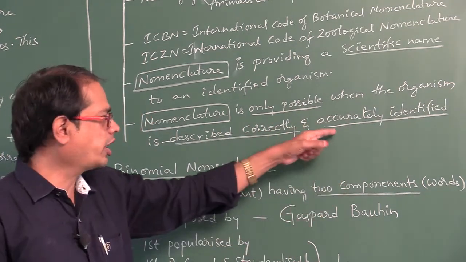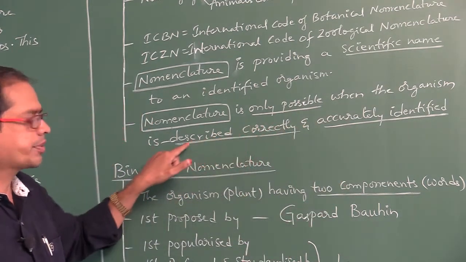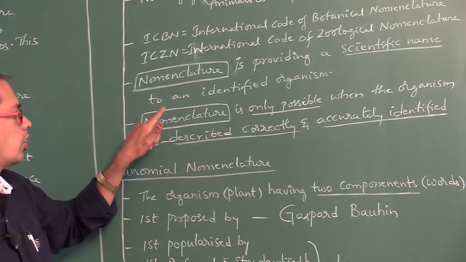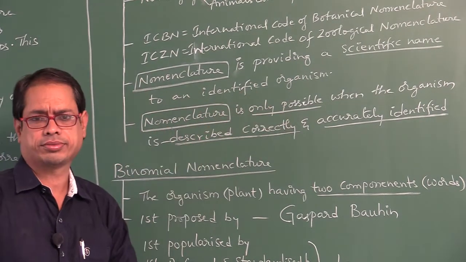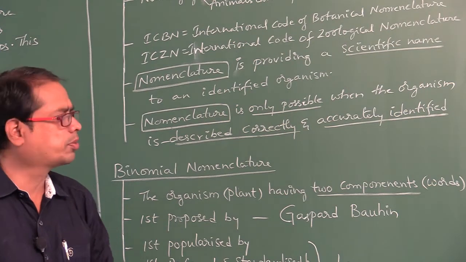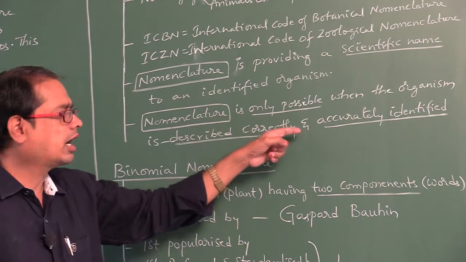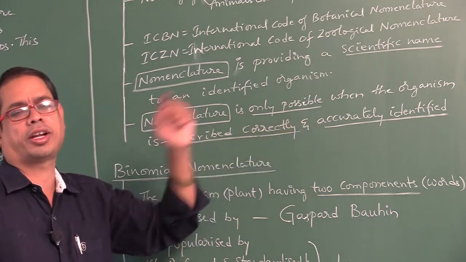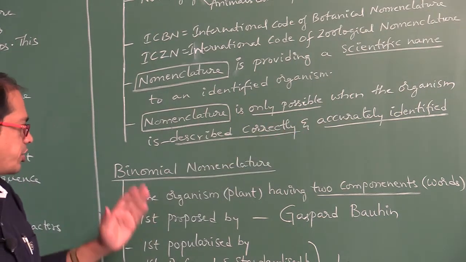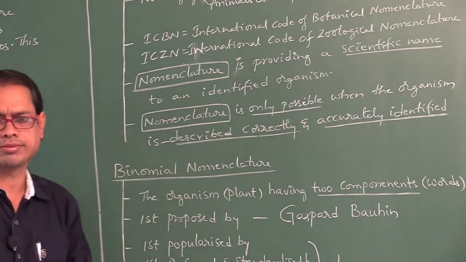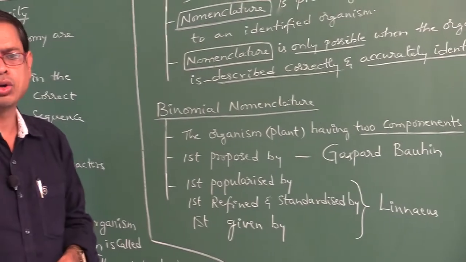Very important. Identification should be accurate and the correct description should be there. Then only is nomenclature possible. Right. Next, binomial nomenclature. Bi means how many? Two.